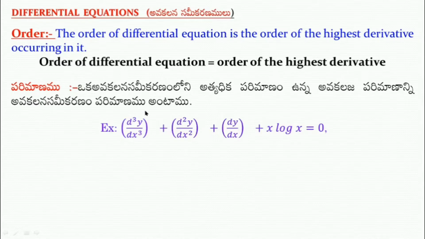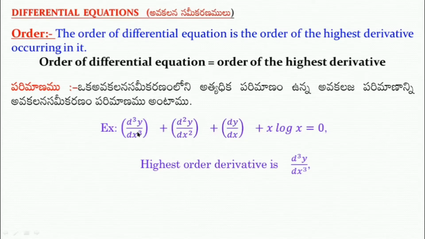Example. So here we have an equation. It is clearly a differential equation. d cube y by dx cube, d square y by dx square, dy by dx plus x log x is equal to 0. In this equation, we have to find the highest order derivative. Which is the highest order? This is a first order derivative, dy by dx. This is a second order derivative. This one is third order.